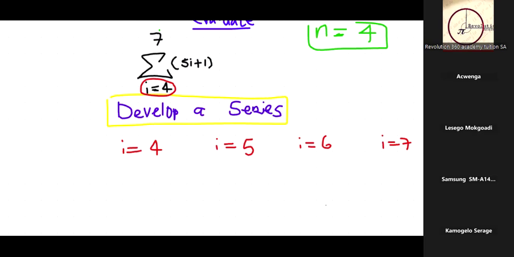5i plus 1. Then you put brace. I said you must develop a series, so a series must have plus signs.